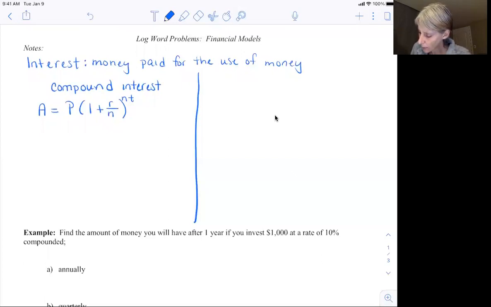Here, A is your final amount. P is what we call our principal, or the initial amount.